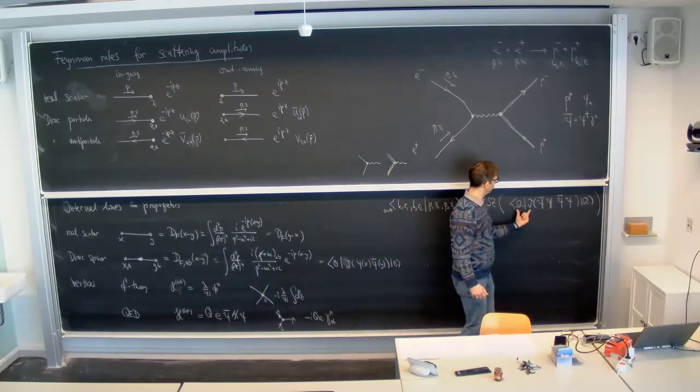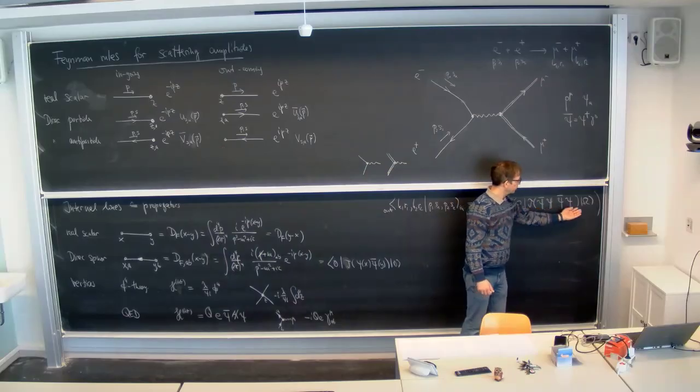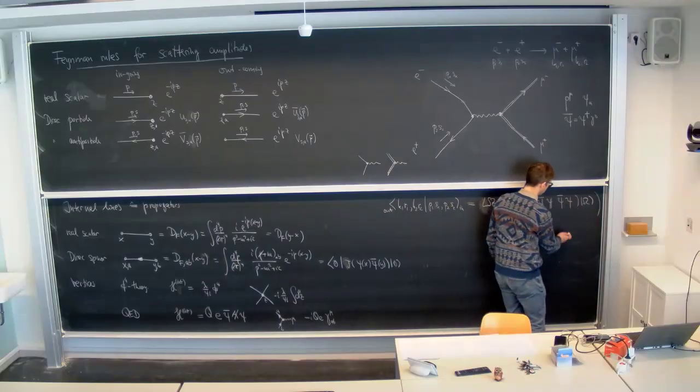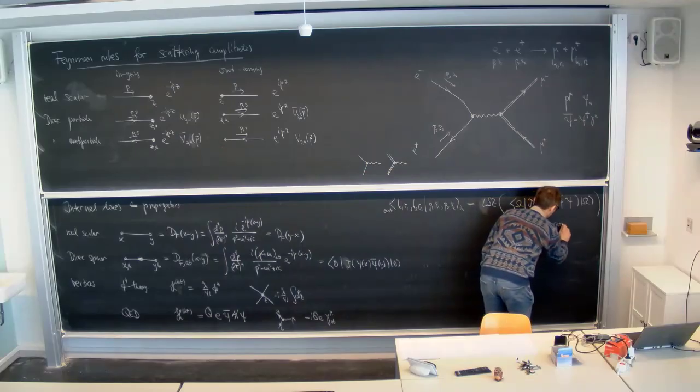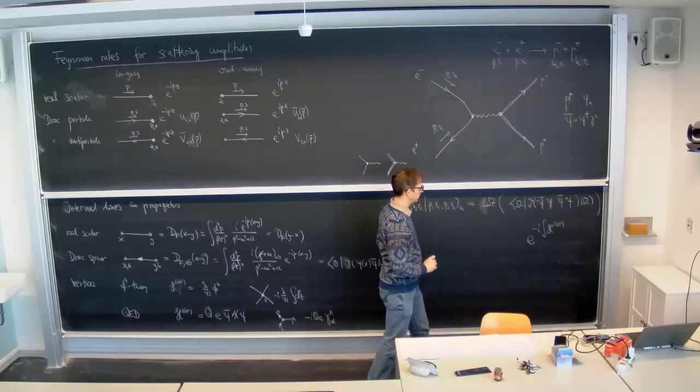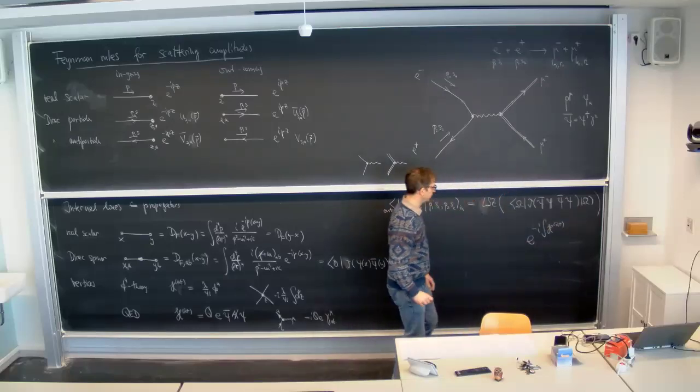And for this in the full theory, in the interacting theory, we go back to the auxiliary fields, the free fields, and insert some factors of e to the minus i integral H into the rotation right there.